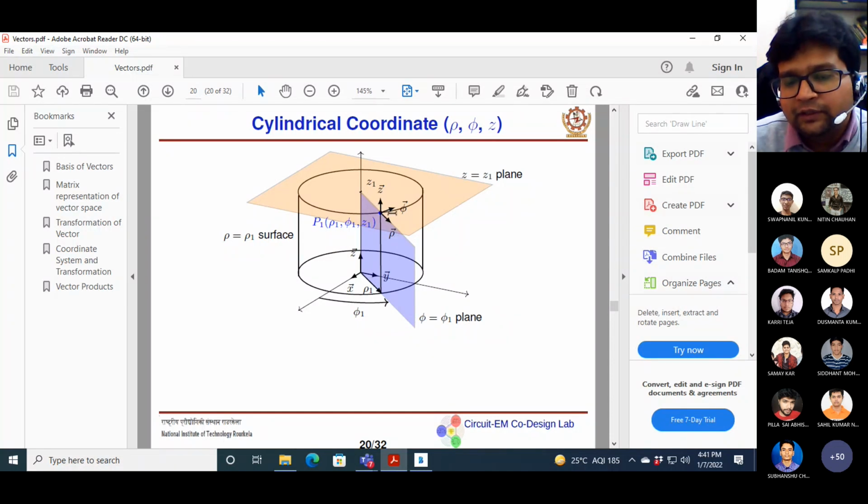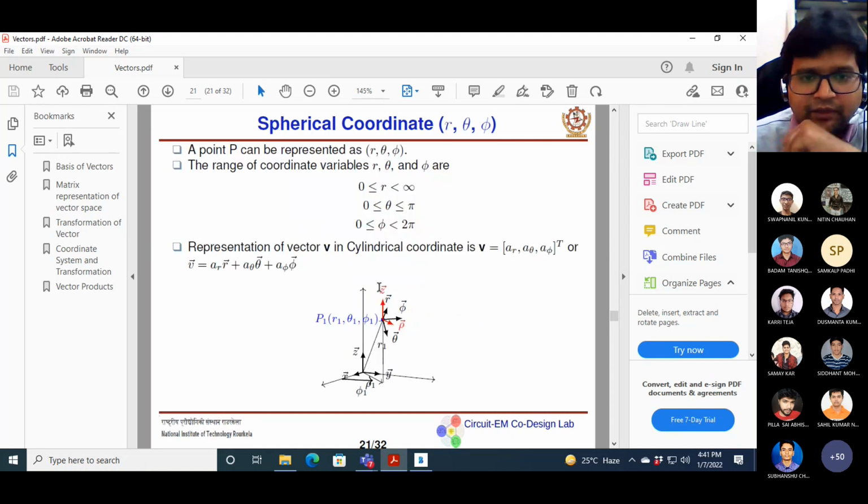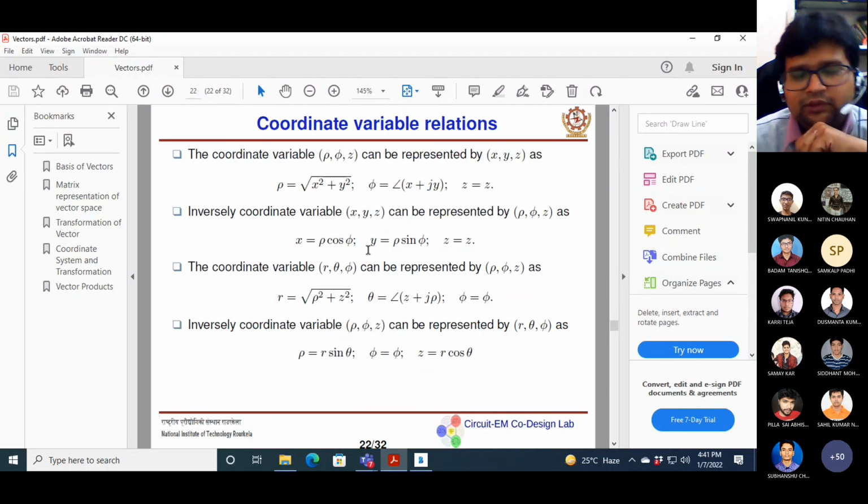Then rho will point towards r, and z will point towards theta. In this way, your new coordinate system, or the directions of the vectors in the new coordinate system, has been established.